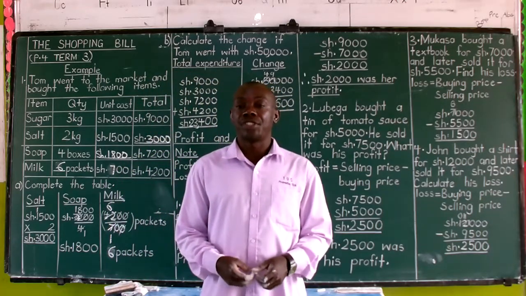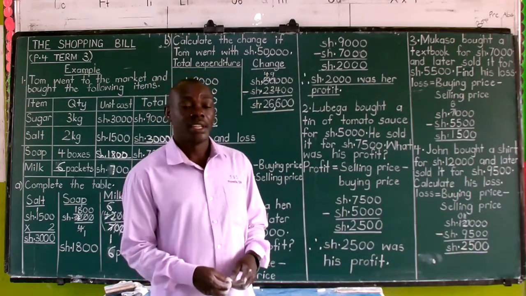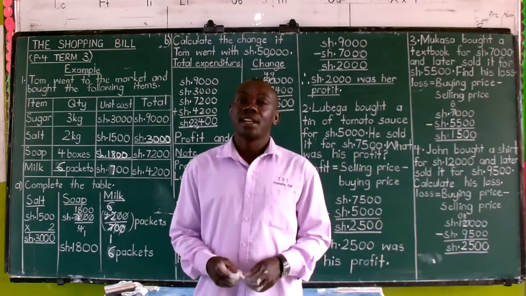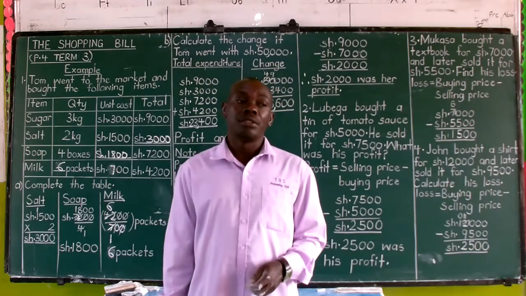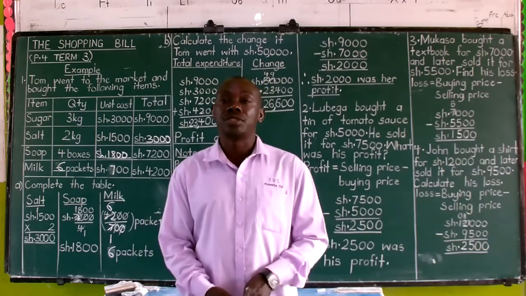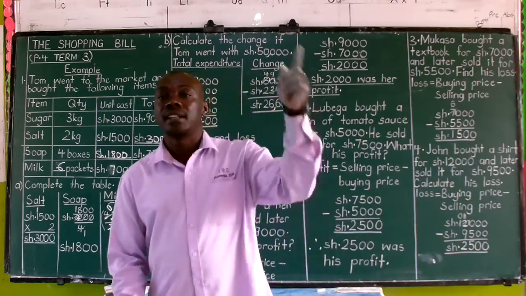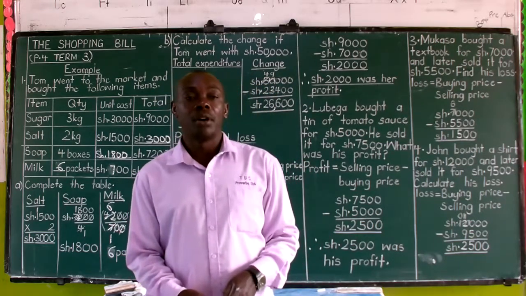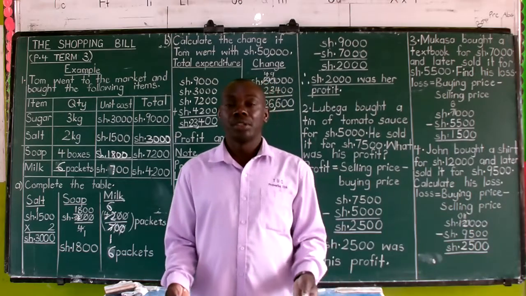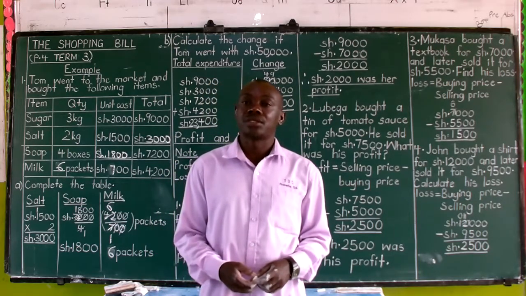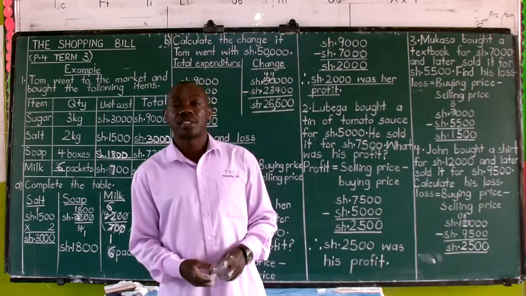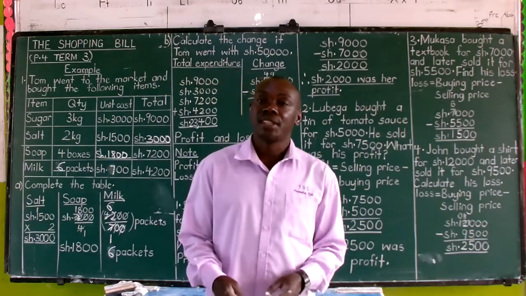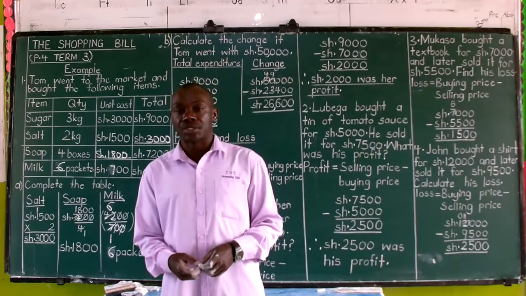The opposite of profit is called a loss. A loss comes into existence when one sells a particular item at a lesser amount than one bought it. For example, if one bought a book at 2,000 shillings and then sold it to a neighbor at 1,700 shillings, the selling price being less than the buying price, then somebody has made a loss.